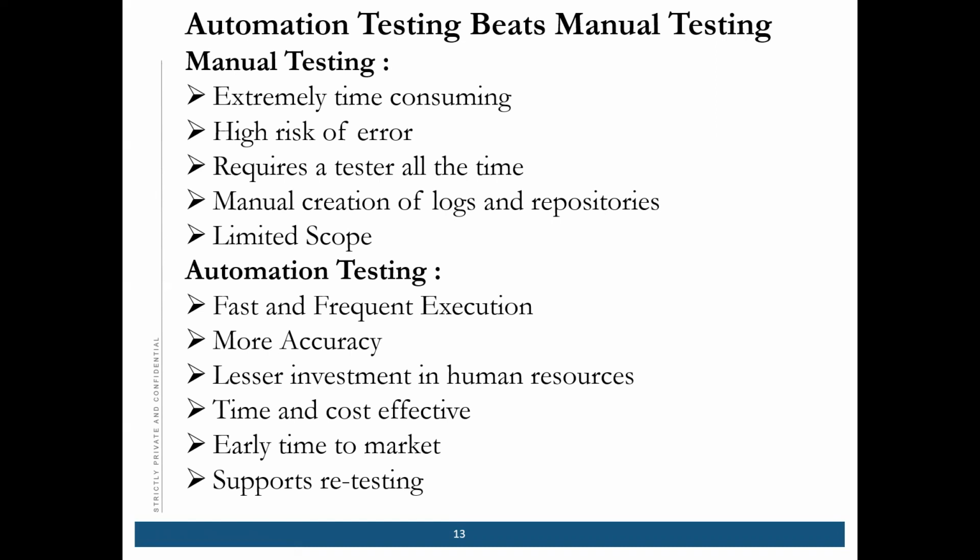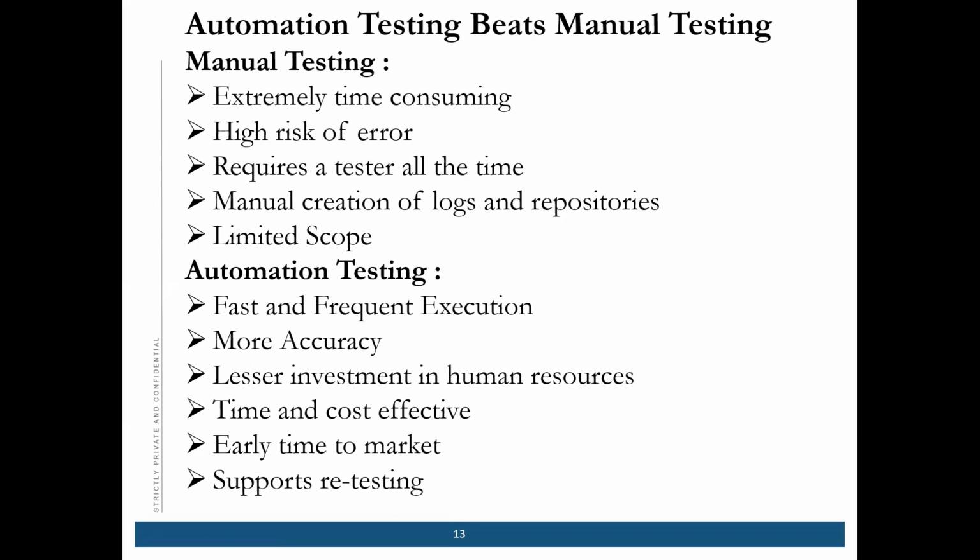Once you are done with writing your test cases, you don't have to sit and manually do the execution all the time. You can just execute them and you are done with your testing. It's a time saver and cost effective.